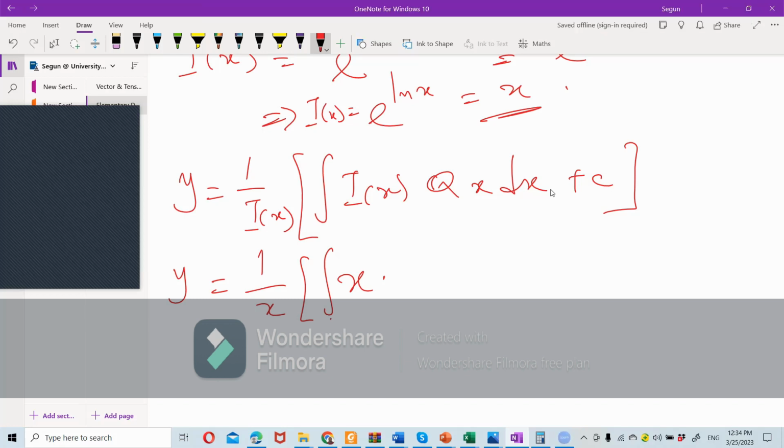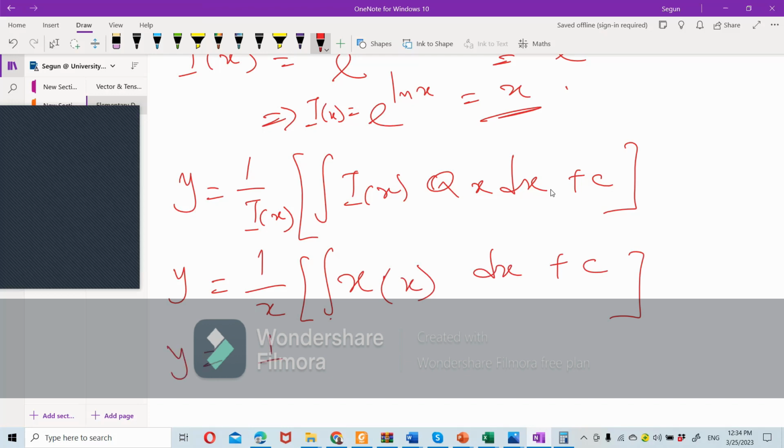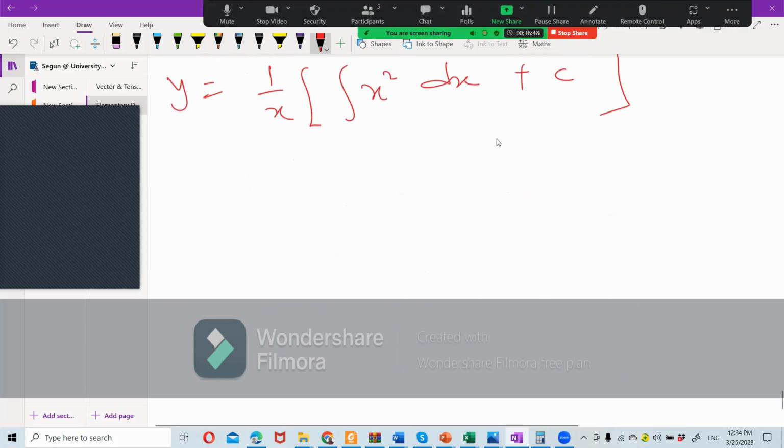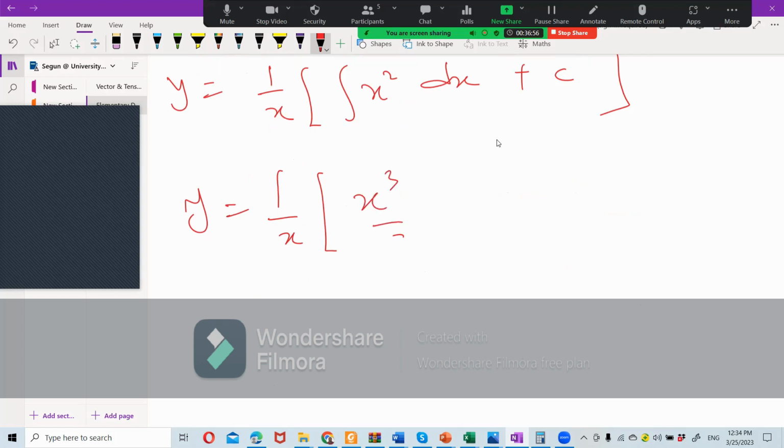So we have it to be multiplied by x here, x plus c. So at the end of the day, I have 1 over x integral of x squared dx plus c. If you integrate the x squared, what do you have? You have y equals to 1 over x in brackets x cubed over 3 plus c.